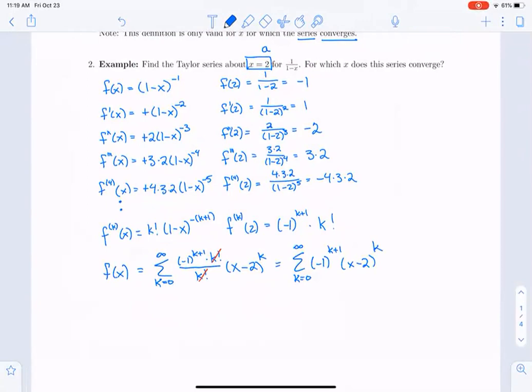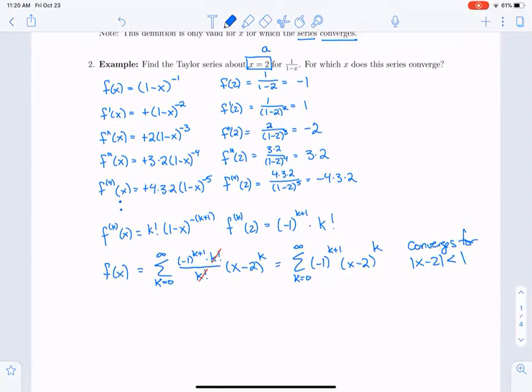So you would have to then use the ratio test to show where this converges. It should be fairly simple to use the ratio test to show that this converges for x minus 2 less than 1 in absolute value. So the radius of convergence in this case is 1. That would be fairly simple to show. It would be a very simple problem.